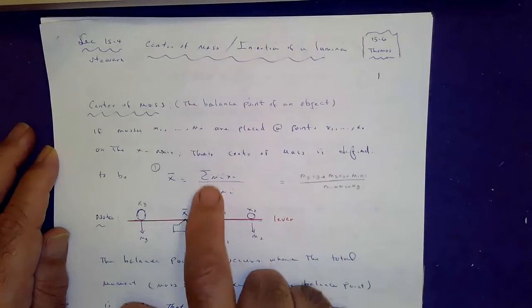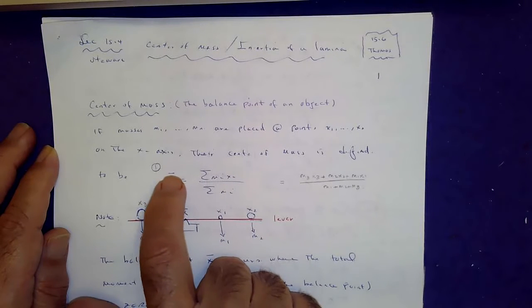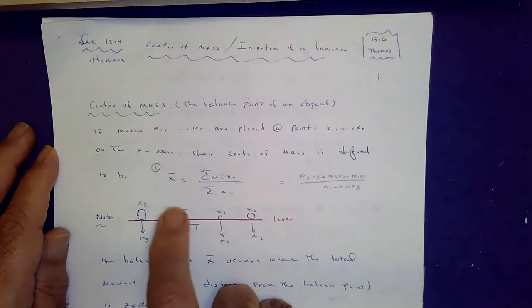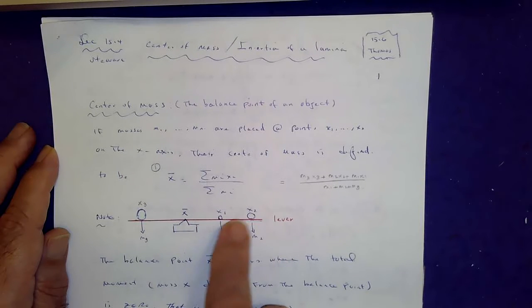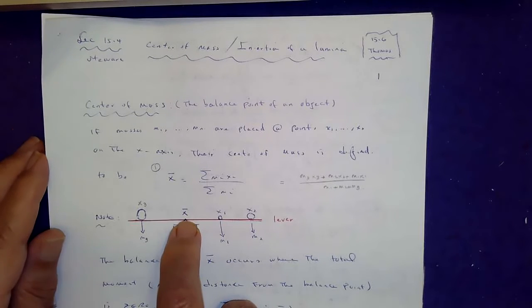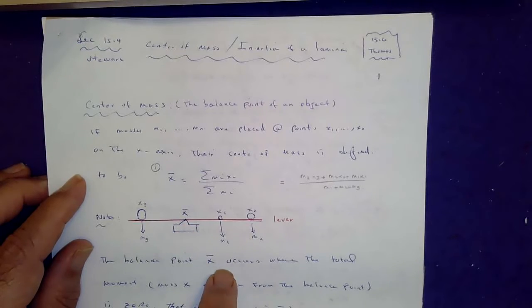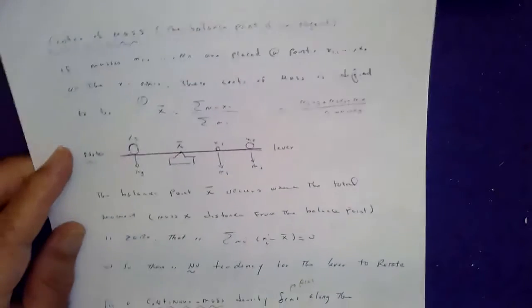So this is like a weighted average. That's why we use a bar on top of the x, which stands for the center of mass of these three masses, which happen to be x1, x2, and x3 many units away from a reference point. That point happens to be the center of mass, which is also known as a balance point.